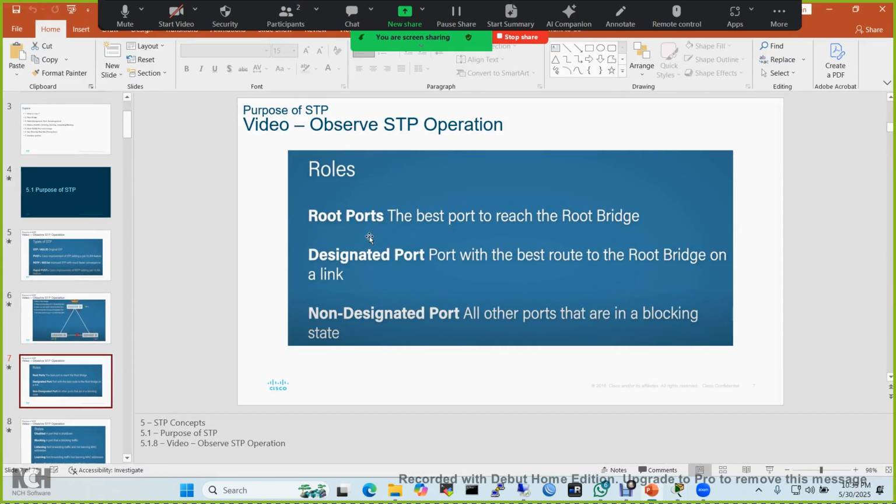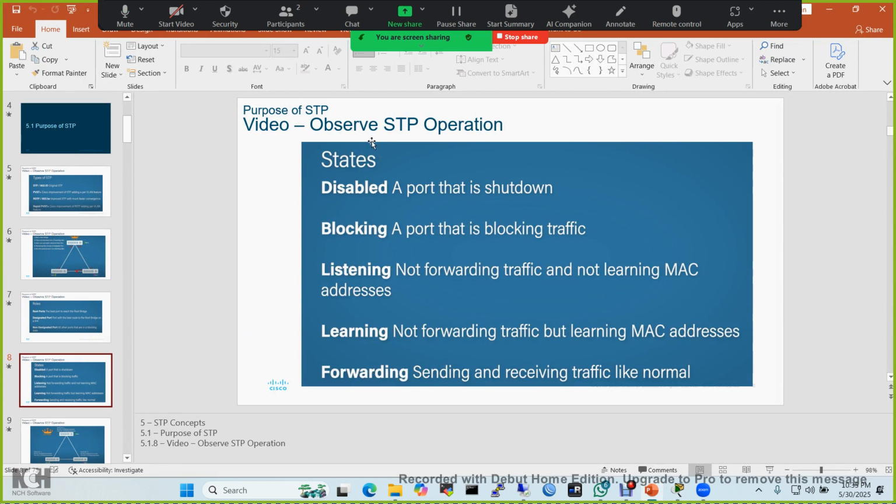Now I will go to the status. There are 5 statuses. What are the statuses? First is disabled, second is listening, third is learning, fourth is forwarding, and fifth is blocking.